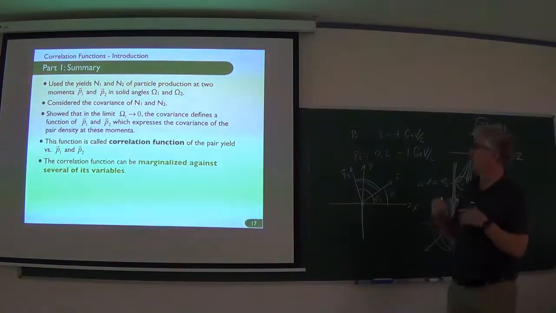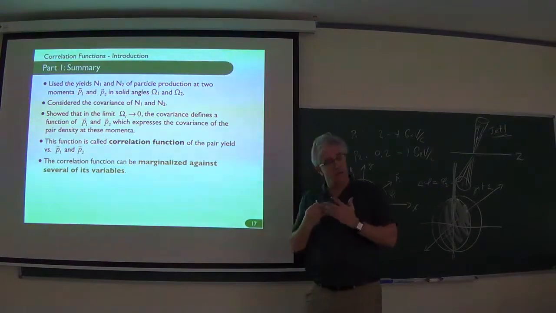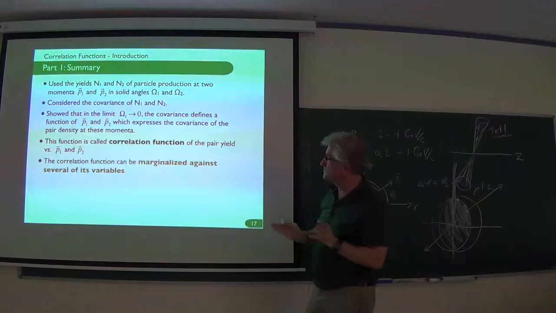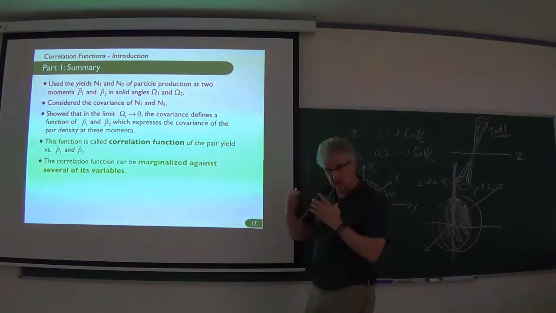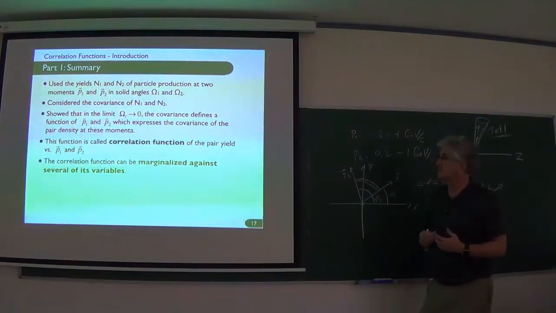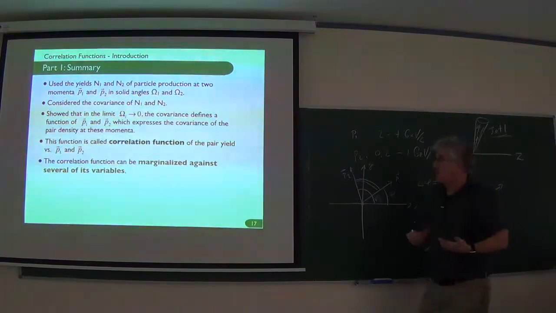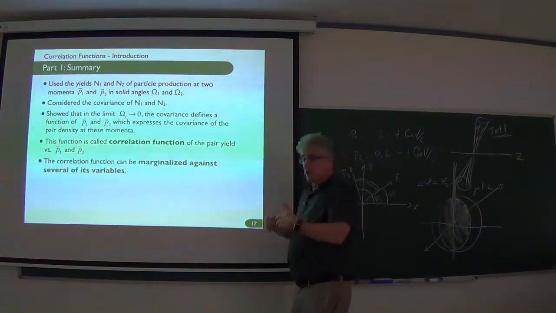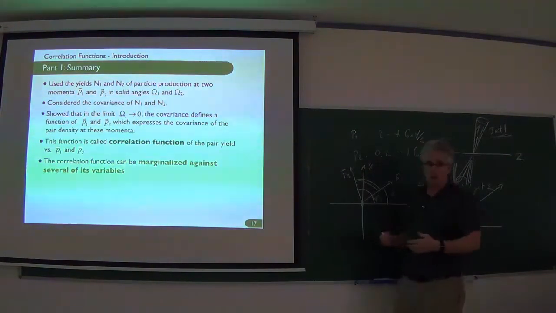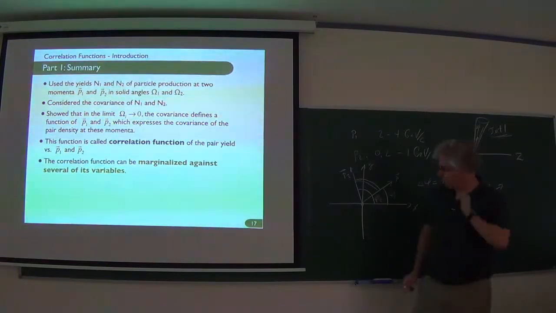So basically this was meant to introduce the notion of correlation function. I did it with two particles, and we did it using finite solid angle. But the notion of correlation function is not just an experimental quantity, it's also a theoretical quantity that you can calculate in theory, and in a theoretical calculation you would not be bothered with solid angles, you would just do densities.